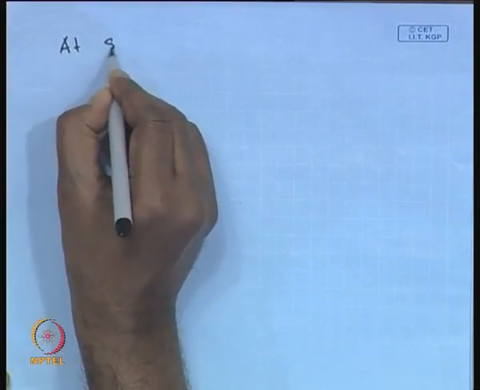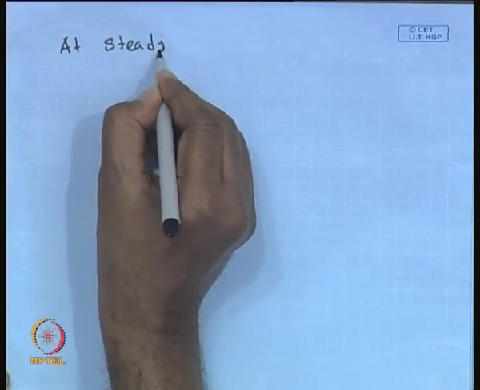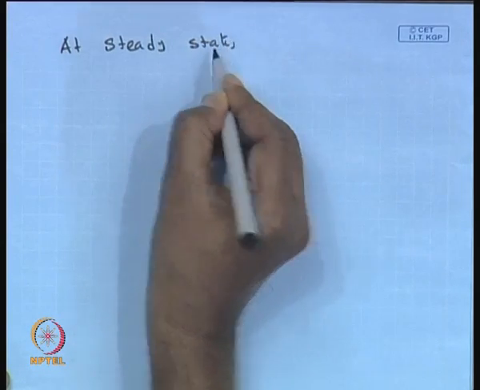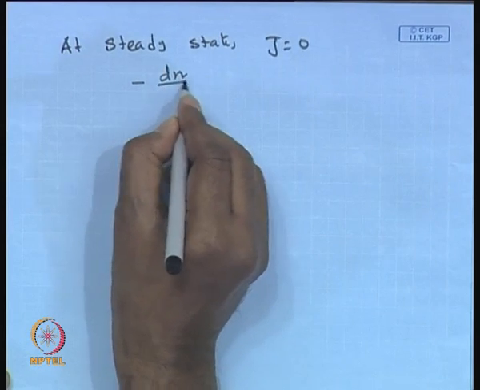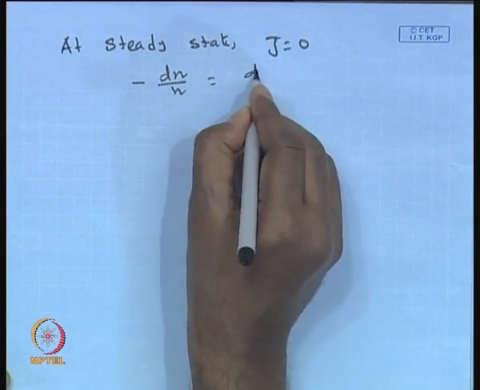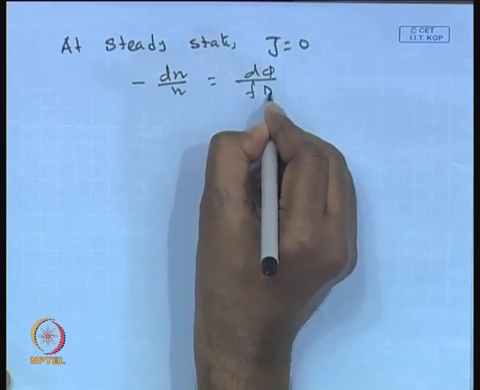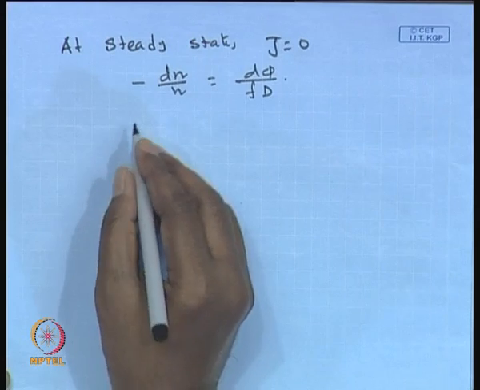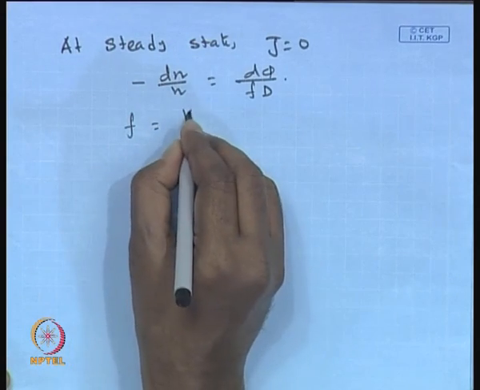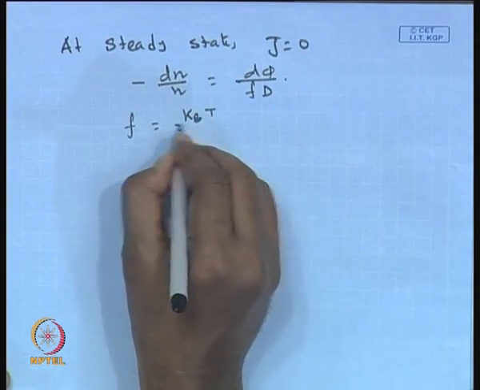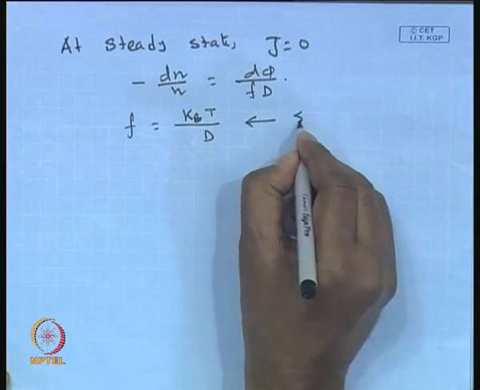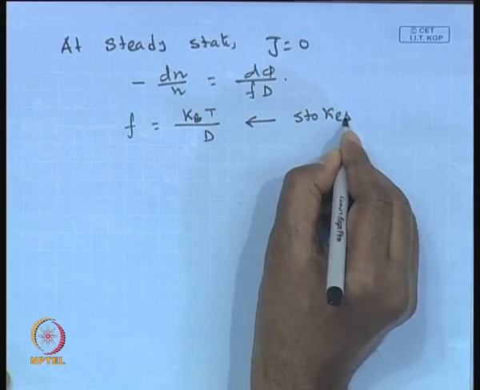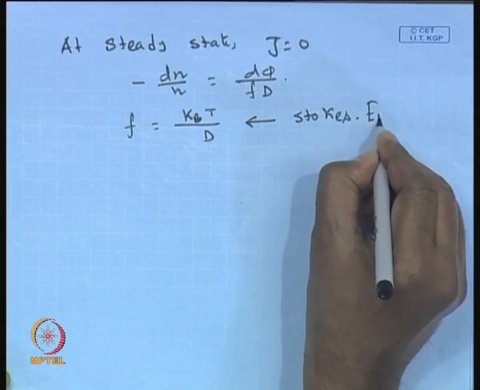So, at the steady state J should be equal to 0, and you will have minus dn by n is equal to d phi divided by f, and f is given as kB T divided by D, and this is known as the Stokes-Einstein equation.